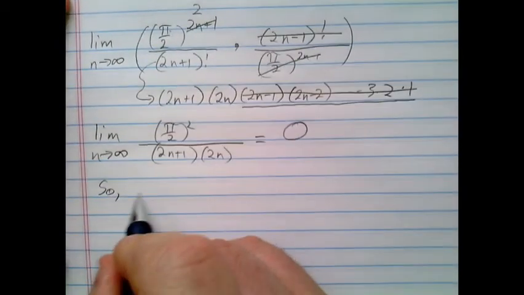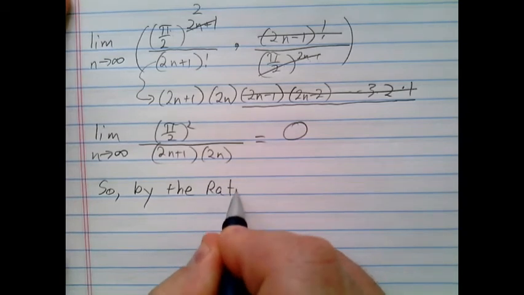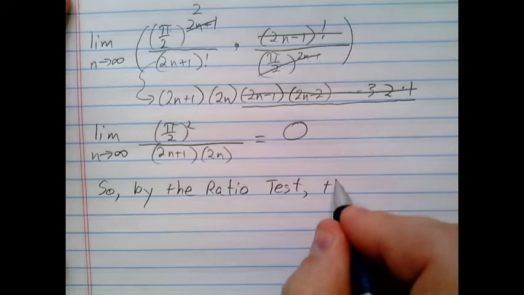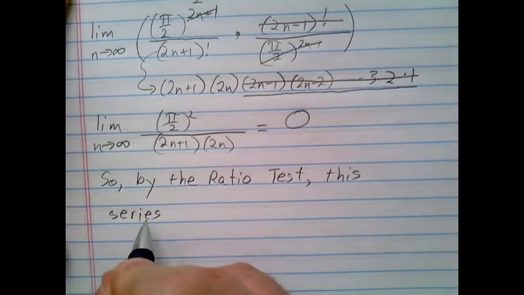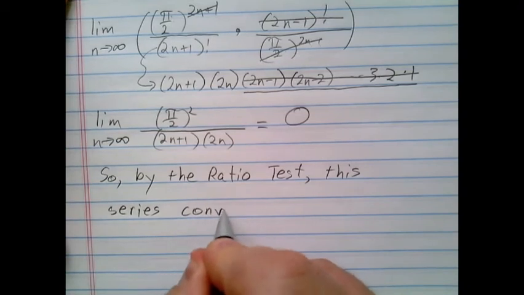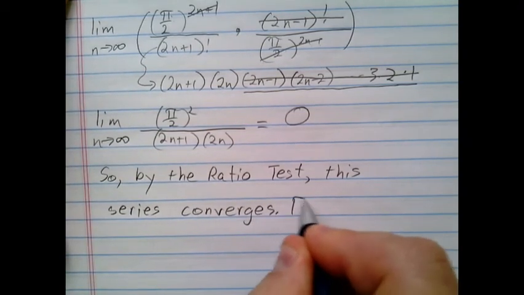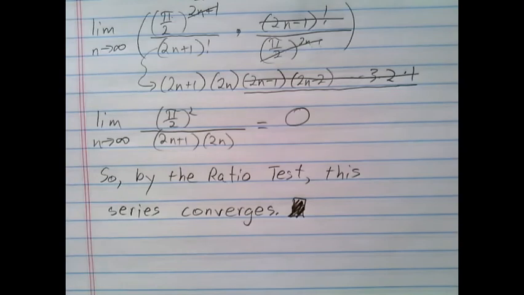So, by the ratio test, this series converges. Alright, now that was part A, prove that the series converges. Presumably there must be another part here. Let's see what part B says.